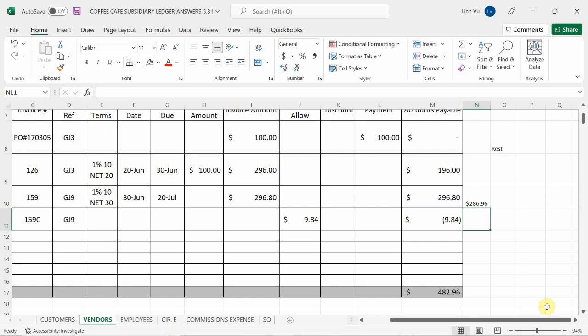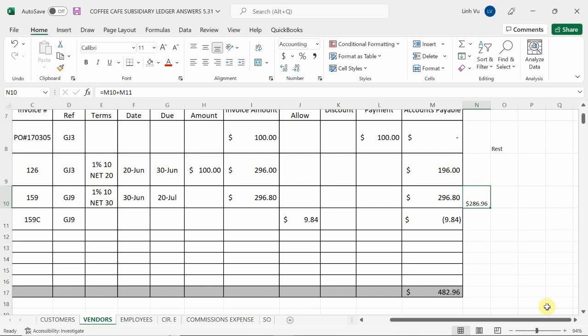So they should issue you a brand new invoice with the updated information that includes the credit memo applied to it, to let you know how much you owe. But in this case, I don't have an adjusted invoice column, so I'm going to calculate it myself.